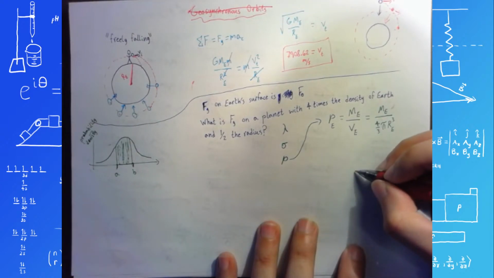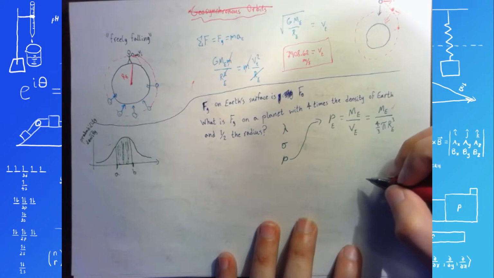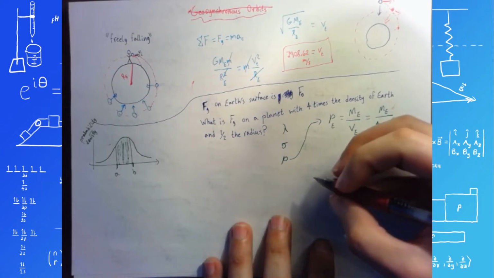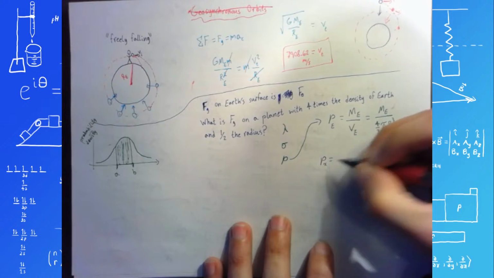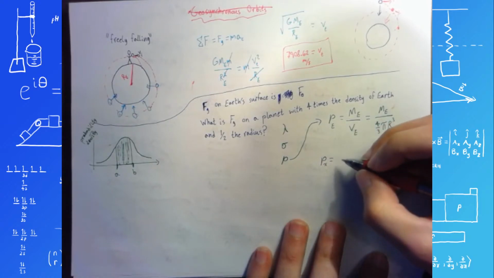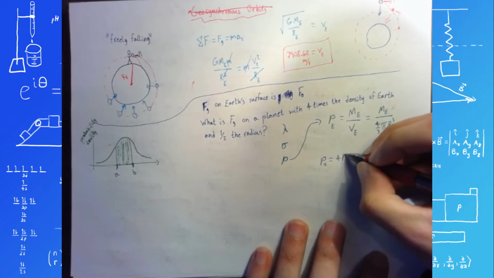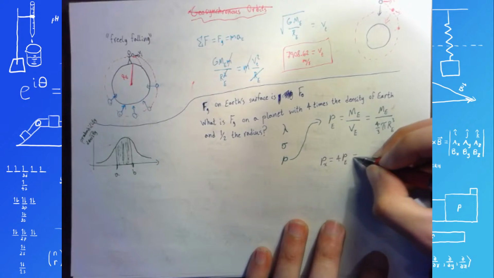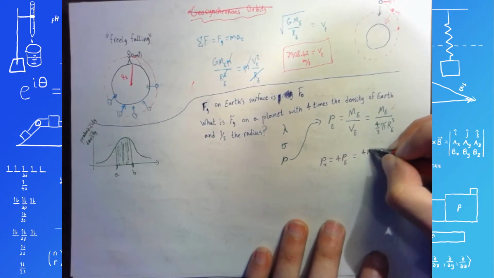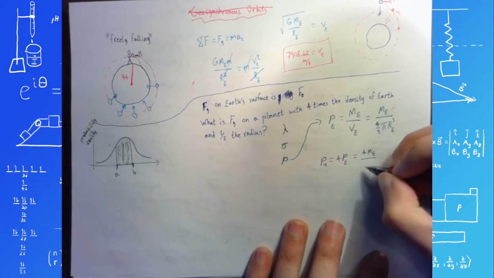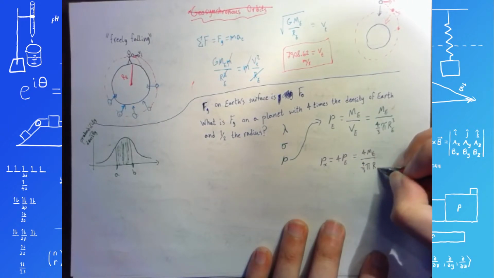So we've got a planet that has half the radius of Earth and 4 times the density. So the density of planet X is equal to 4 times the density of Earth, which is 4 times the mass of Earth over 4/3 pi radius of Earth cubed.